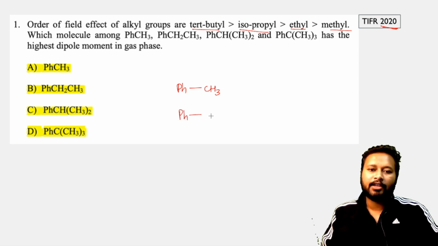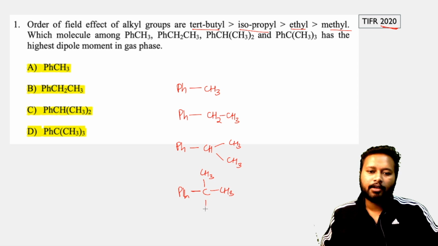Here you are attaching a CH2CH3 group on this phenyl ring, and then here you are attaching an isopropyl group basically, right? This is the isopropyl group, and in the last one here you are joining a tertiary butyl group. Okay, that's a tertiary butyl group. So tertiary butyl here, isopropyl here, and here this is ethyl group, and here it is methyl group.